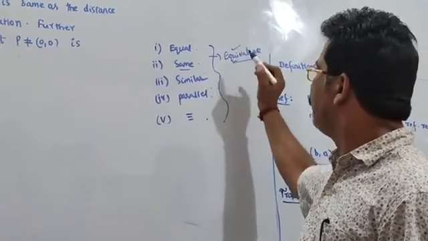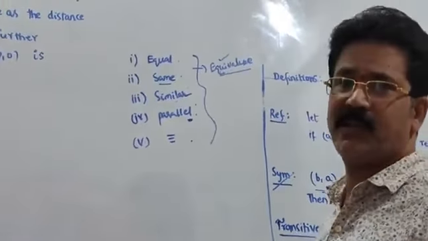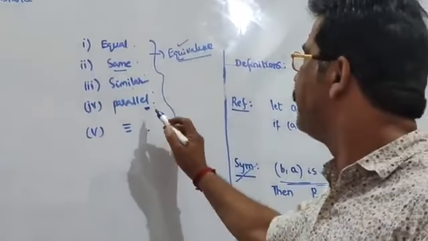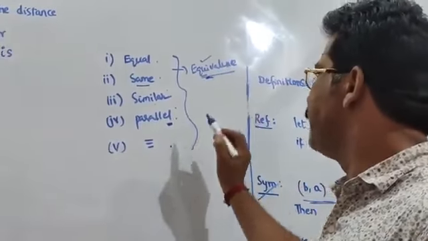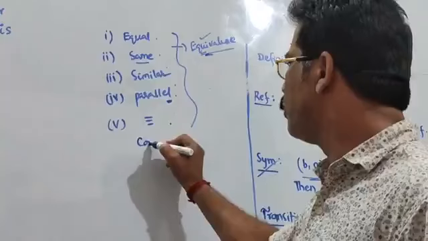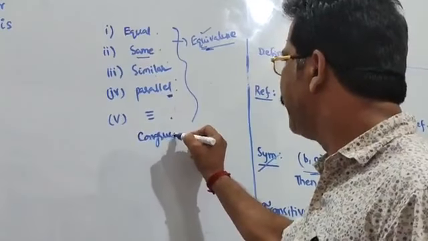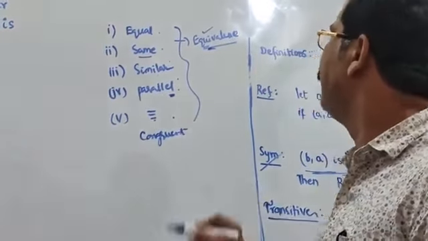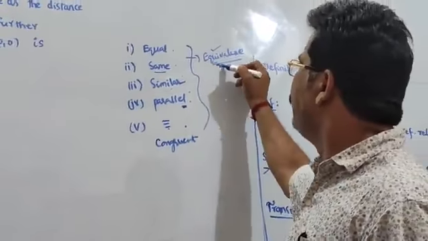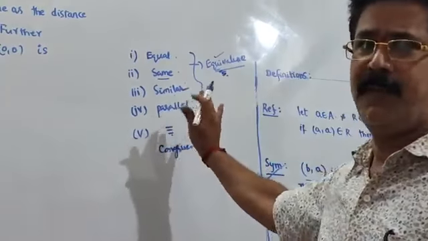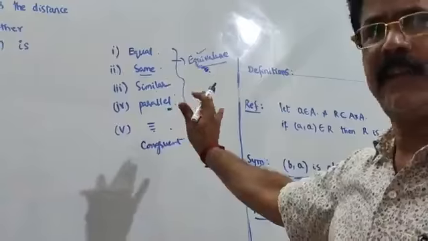It is also an equivalence relation. Next, parallel lines, set of lines, then it is also an equivalence relation. Congruent means its symbol is like that, so it is also an equivalence relation. Remember this for other competitive examinations.